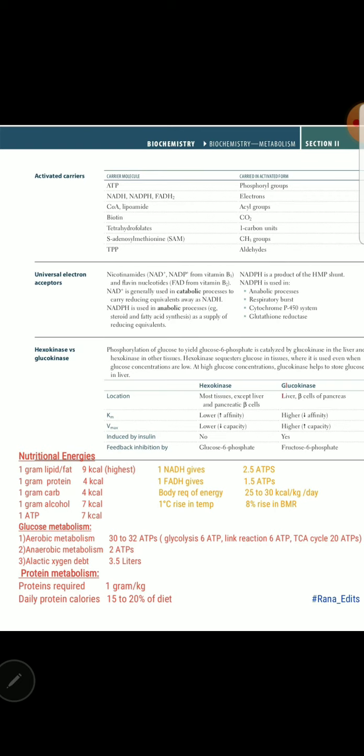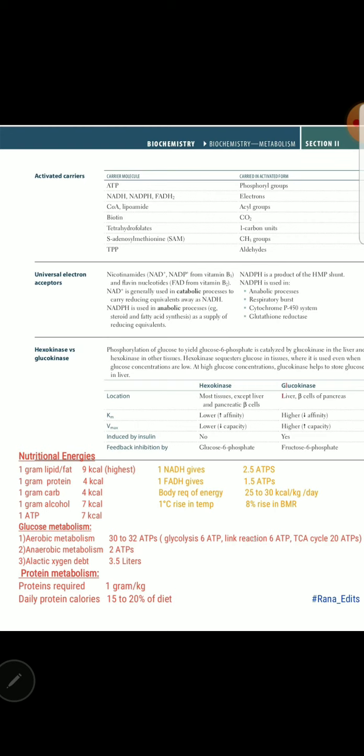And then glucose metabolism, we just read that in aerobic glycolysis plus TCA cycle, it will produce total of 30 to 32 ATPs. This is an MCQ. Sometimes 30 or 32 can be given because 2 ATPs are used in glycolysis as well. So they are sometimes added, sometimes not. Glycolysis 6 ATP.